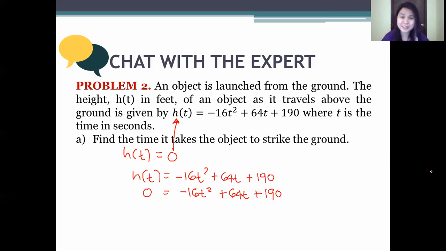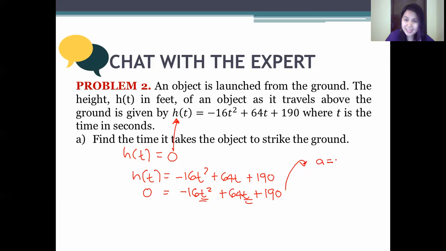Now here's our formula. How do we solve for the value of t? We go back to our lesson on roots. We are looking for the roots of the equation. So we can use the quadratic formula to solve for this.